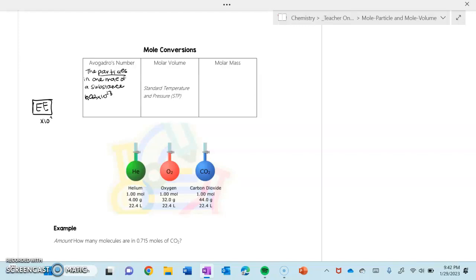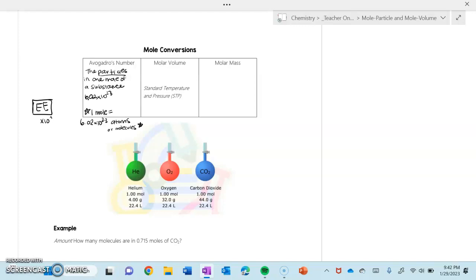So there's our conversion factor. I'm going to write that in stars. So 1 mole equals 6.02 times 10 to the 23rd power atoms of an element or molecules of a compound, depending on what you're working with.